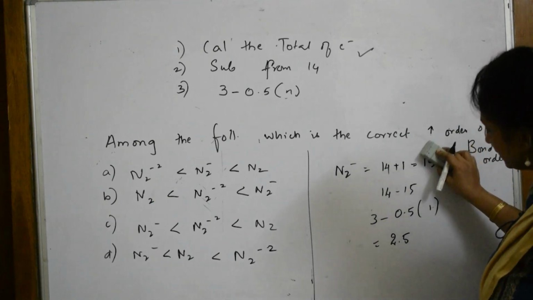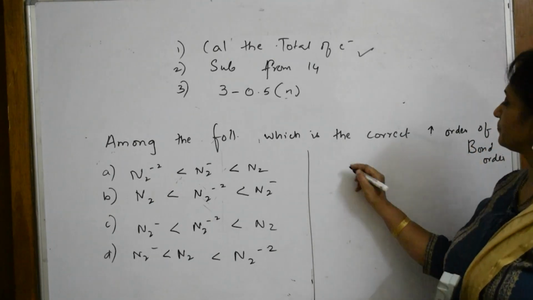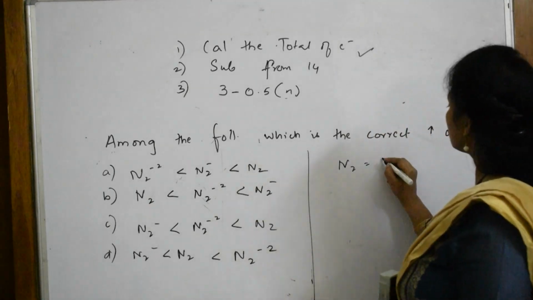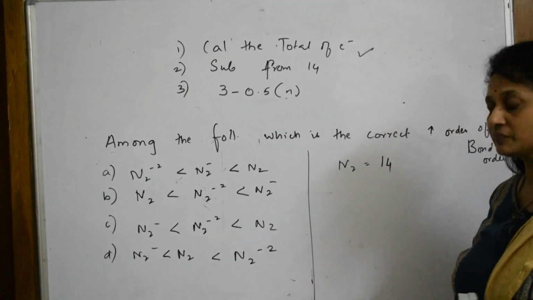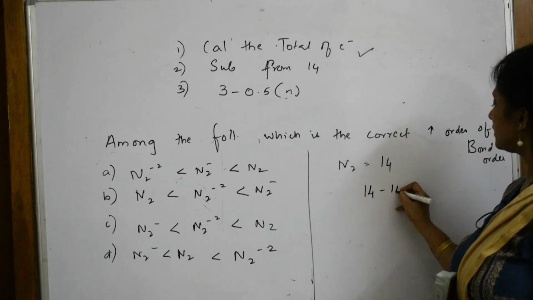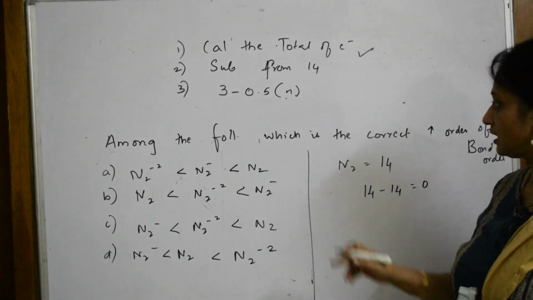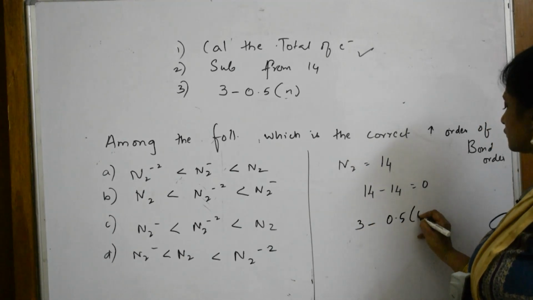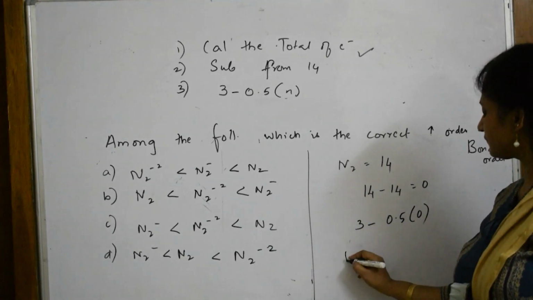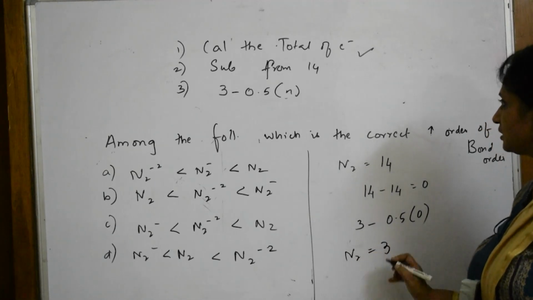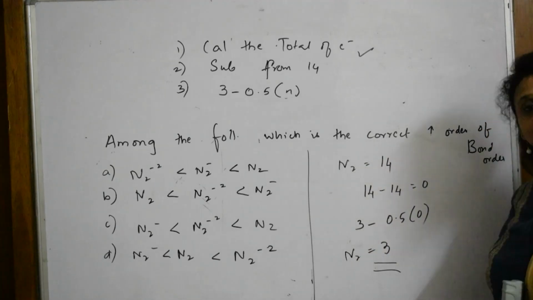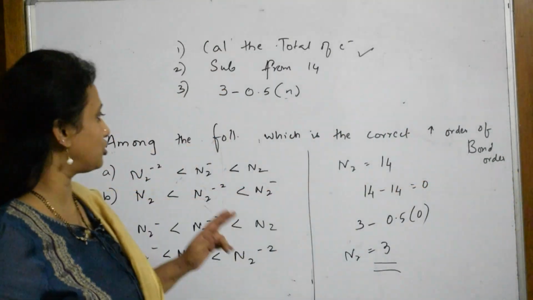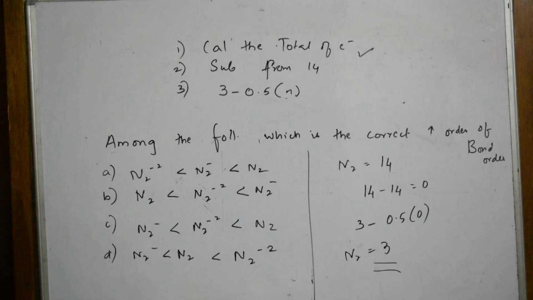If I have to do the next one for nitrogen, number of electrons, for 1 nitrogen 7 electrons, 2 nitrogen 14 electrons. So 14 minus 14 is 0. I'll apply in the third formula 3 minus 0.5 into 0. What is left out? Nitrogen, the bond order is 3. Simple, right? So I have got 2.5, I have got 2, and I have got 3.